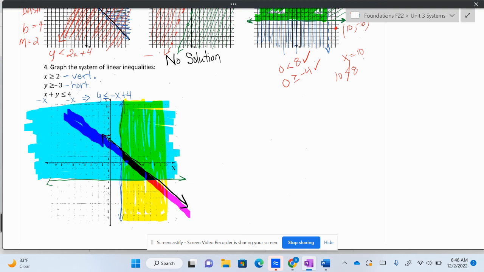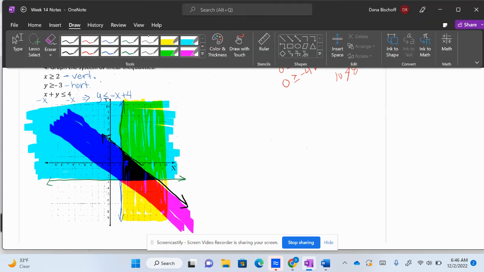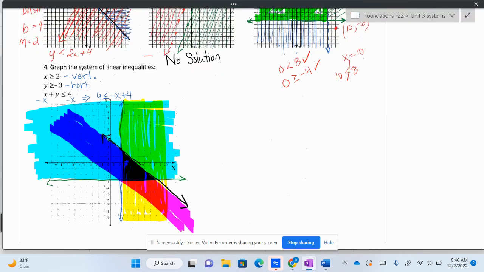So I'm using the pink color, but when I shade below, you'll see that the overlapping region is the region that is turning black. Something really cool about inequality systems is typically we ask questions about the shape that's been created.